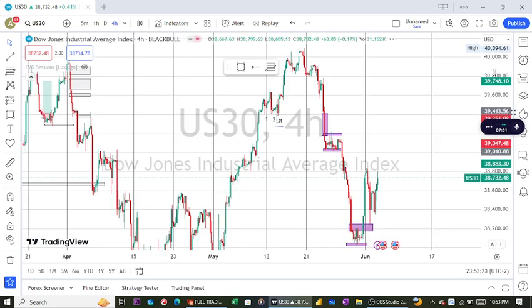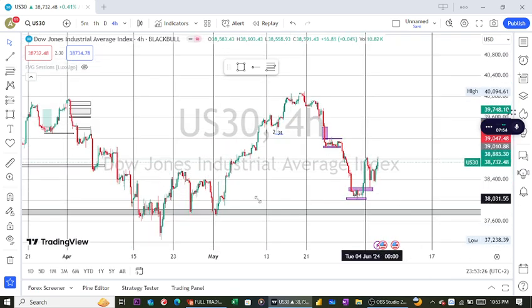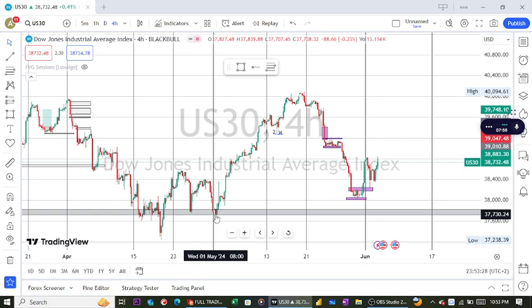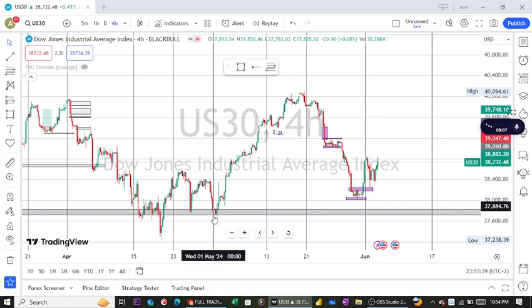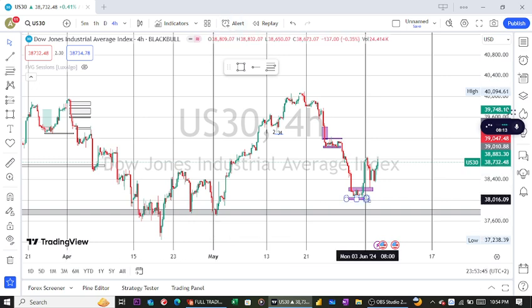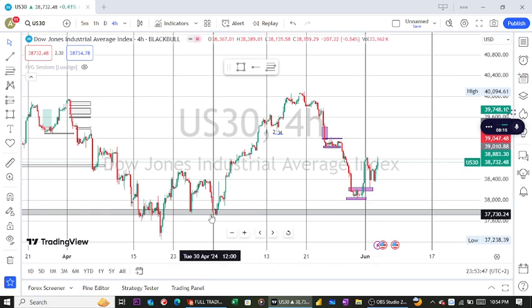This is a resistance, this is a resistance, and this is a zone now because I can see more than three support or resistance here. I have one here, I have one here. That is two, three, four, five. So they are many. So this is a zone.